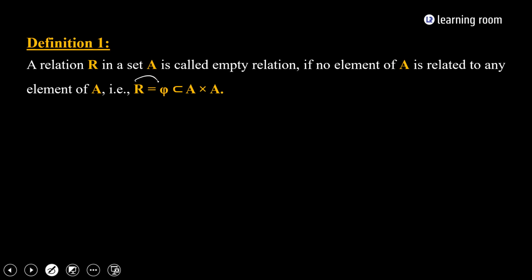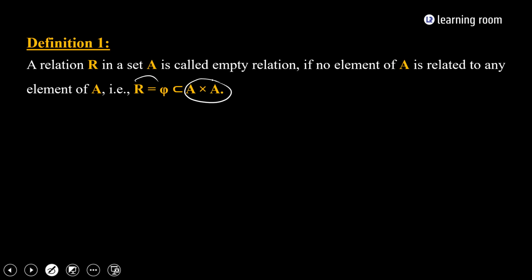So R is equal to the null set, but it is also a subset of A cross A such that no element of A is related to another element of A. So this is the first definition according to your NCERT. I hope it's clear.